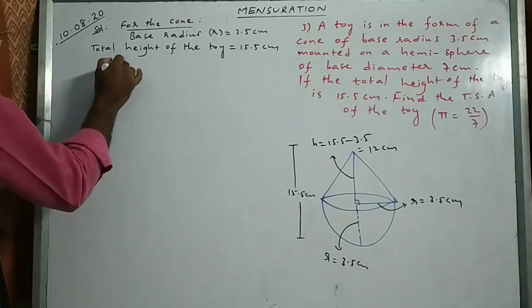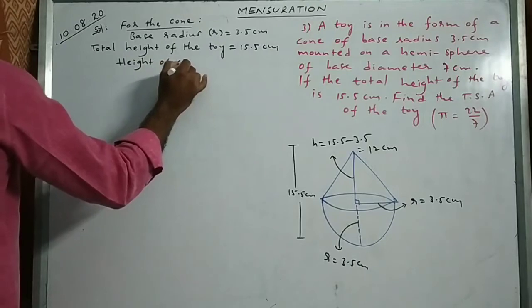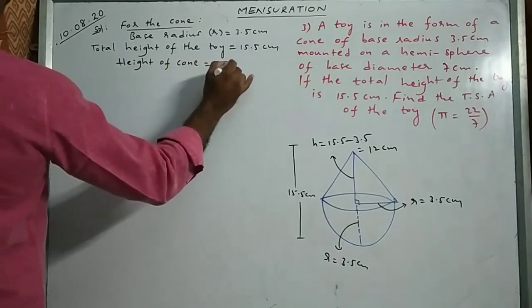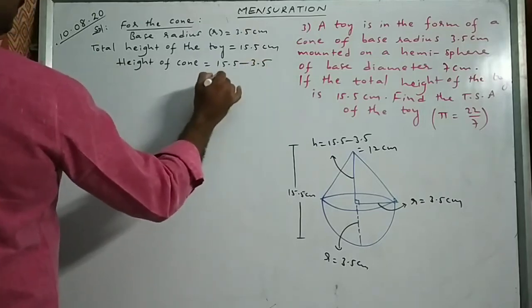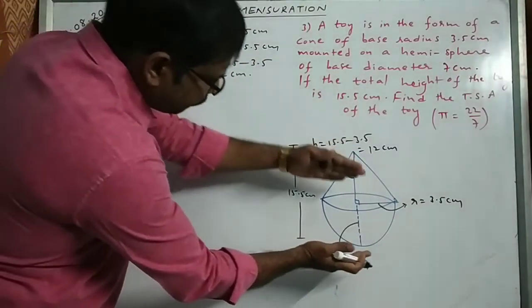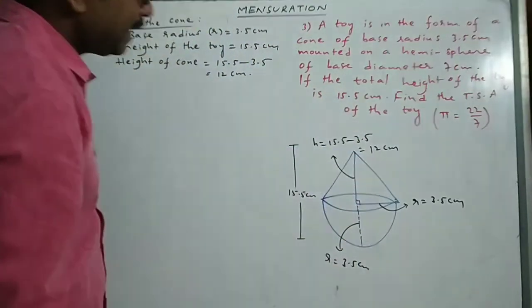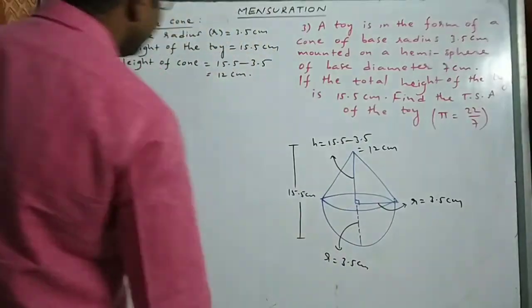So height of the cone equals total height minus 3.5, that will be 12 cm. From the total height, if we remove the radius, then we will get the height of the cone.